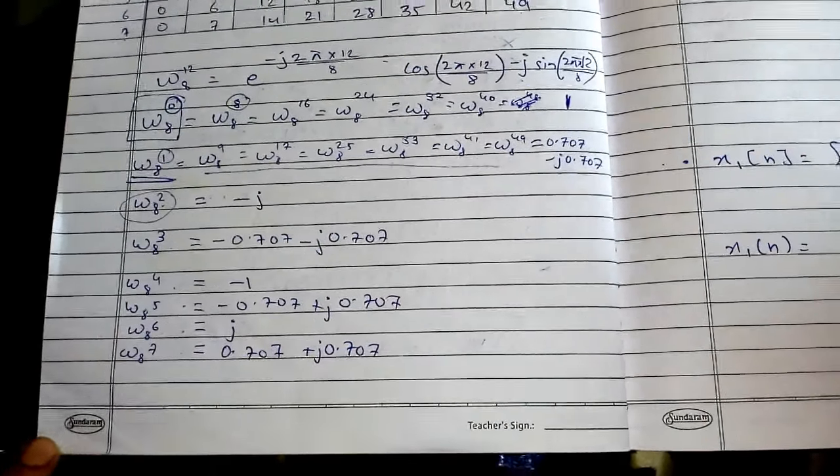What you need to do, just write down all the values. I have written just 1, 2, 3, 4 and 5 columns. You have to write the remaining 3 columns more, which I have represented by dotted lines. Write all the columns and then you have to multiply it by x of n. The multiplication is, as you all know, row multiplied by column. You only have to actually multiply the 4 columns, because after that the 4 entries are 0, 0, 0.